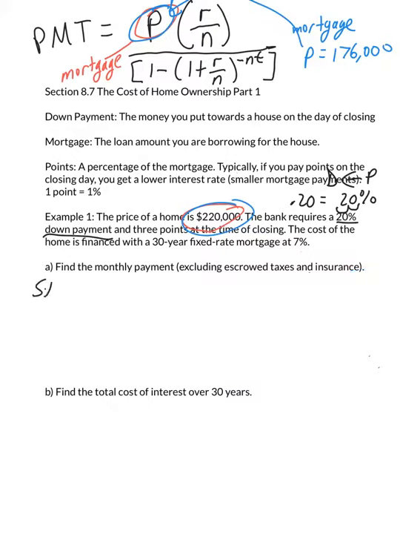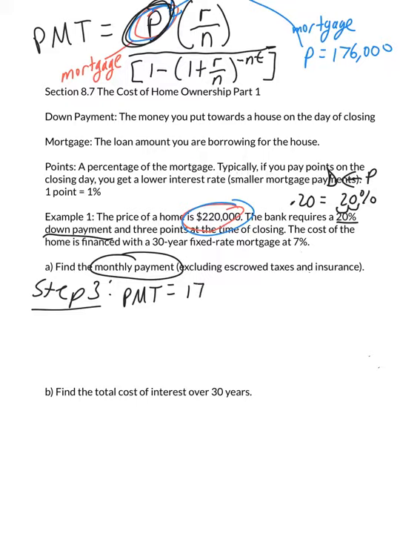Okay, so step 3, we can finally figure out what the question wanted all along: the monthly payment. This is just the principal and interest only that you would pay for the mortgage if you got this house. So it equals, we said to plug into P the mortgage amount, which we calculated was $176,000, times R. Well, the interest rate you're being charged is the other percentage you see, so it's not the down payment.